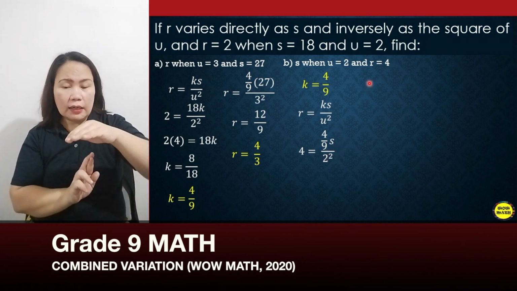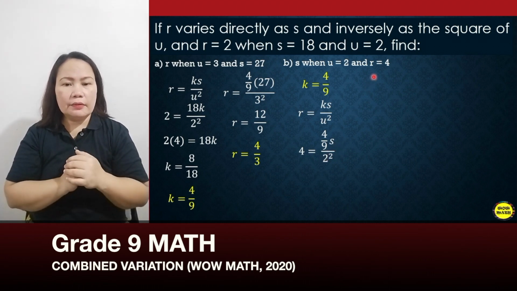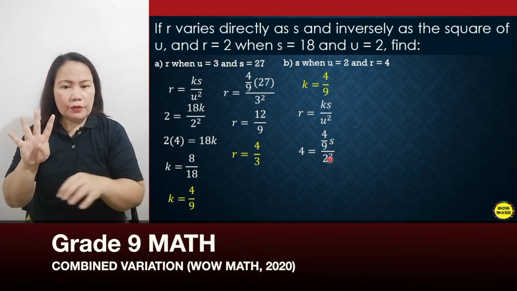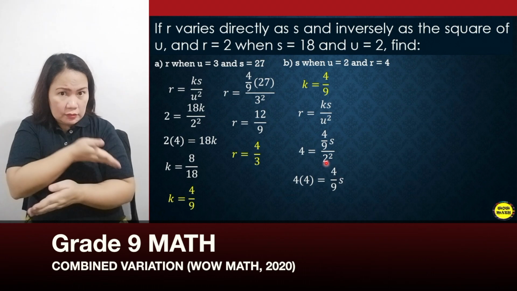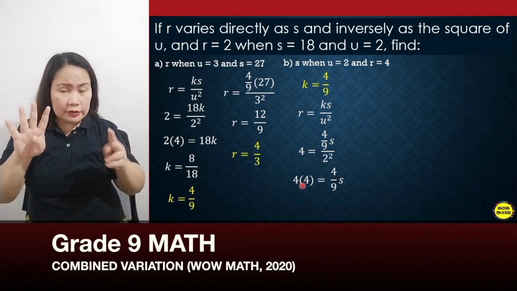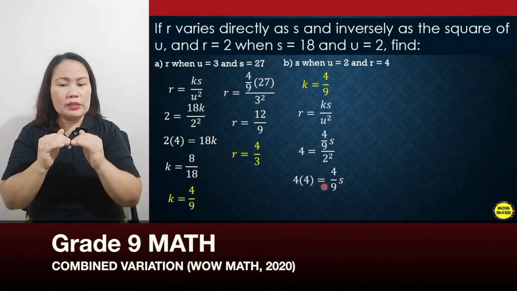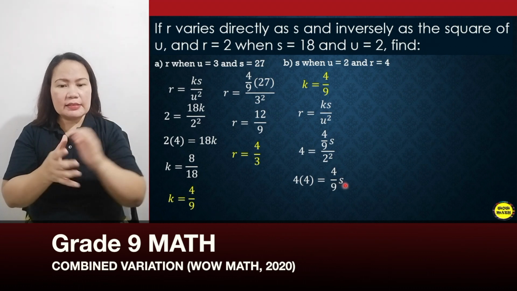And then, yung r natin is 4 and then yung u natin is 2, kaya 2 squared. And 2 squared is 4. And then simplify natin, multiply natin to, that is 4 times 4, that is 16, equals 4 over 9 s.